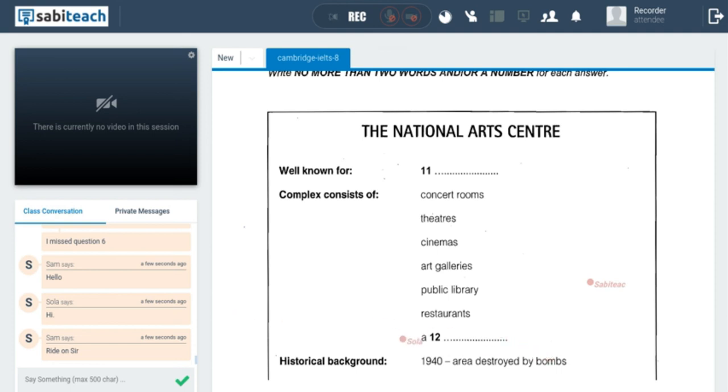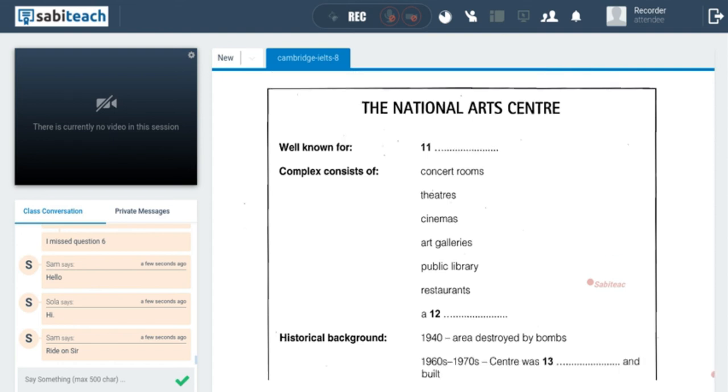Section 2. You will hear a man talking on the radio about a national arts centre. First, you have some time to look at questions 11 to 16.